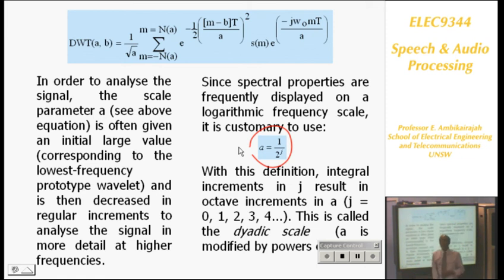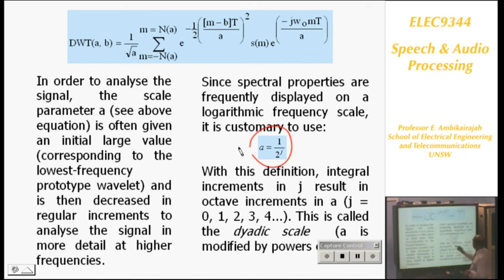In terms of octaves, you can start with a 4 kilohertz bandwidth, then come to 2 kilohertz, then 1 kilohertz, then 500 hertz, then 250 hertz. That's in octaves. So you could have so many wavelets. If you want 8 octaves of analysis, you use 8 wavelets. The 8 wavelets would have different window lengths.